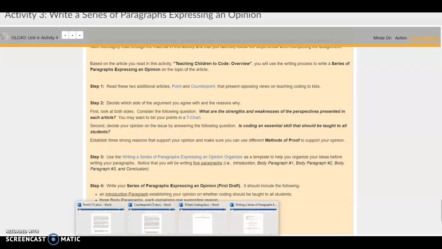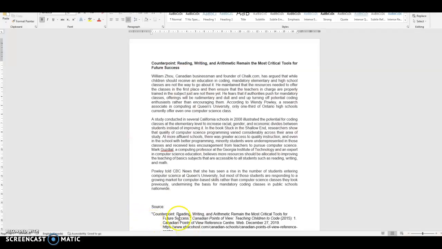Meanwhile, we've got a second article called Counterpoint, and again, notice that the reference is provided at the end. This article says reading, writing, and arithmetic remain the most critical tools for future success. In this article, they're going to argue that coding is not as important as some of the other basic subjects, and that not all students in all schools should be learning computer language, should be learning how to code.